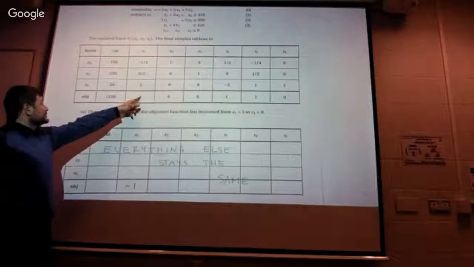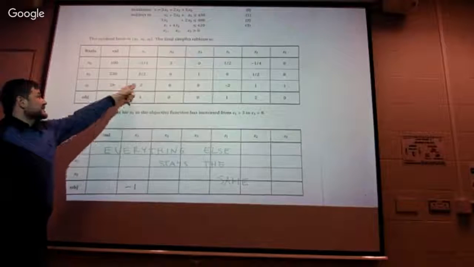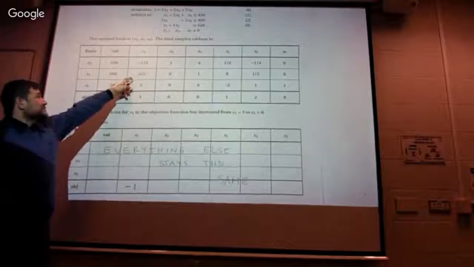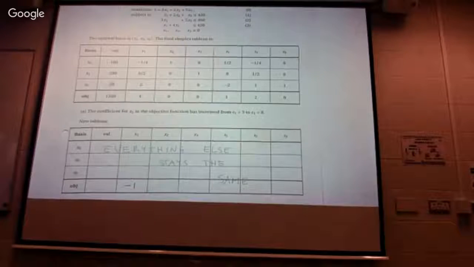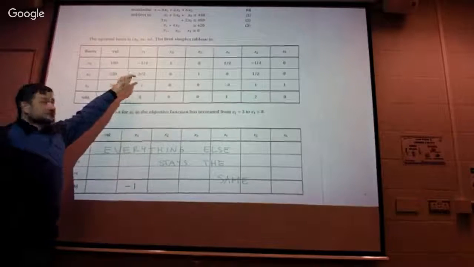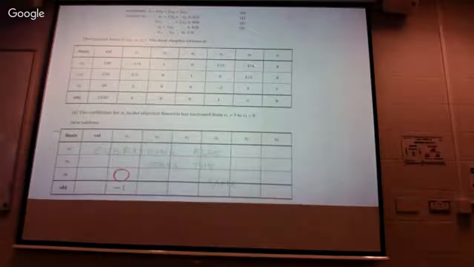Okay, so this is now minus 1. Where do you pivot? Suppose here, because there the ratio is 10, and there the ratio is more than 10, and this is negative, so you don't want to use that. So where the circle is around the 2, that's your pivot element.